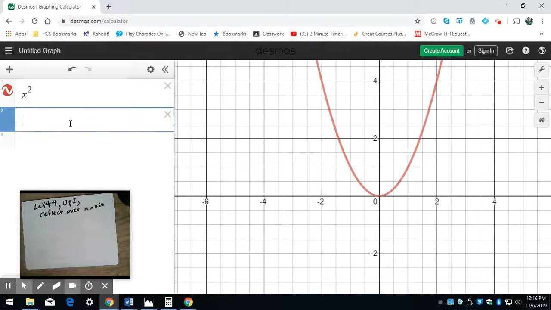All right, I'm going to go left 4, up 2, and reflect over the x-axis.